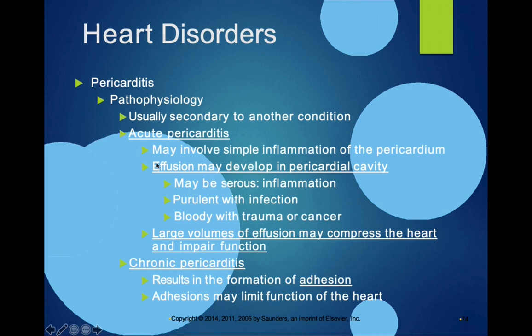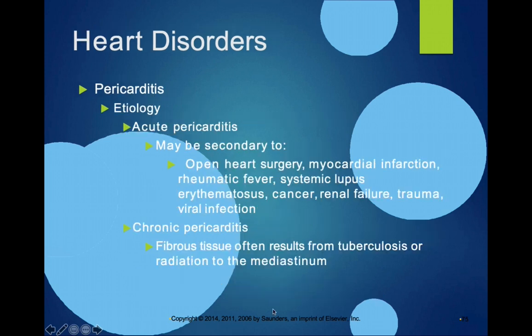But either way, there's swelling of fluid around the pericardial cavity. Large volumes of effusion can compress the heart, and that compression pushing in will impair its function. Chronic pericarditis results in the formation of adhesions, right? Gluing, stickiness of it. That too can inhibit and limit heart function.